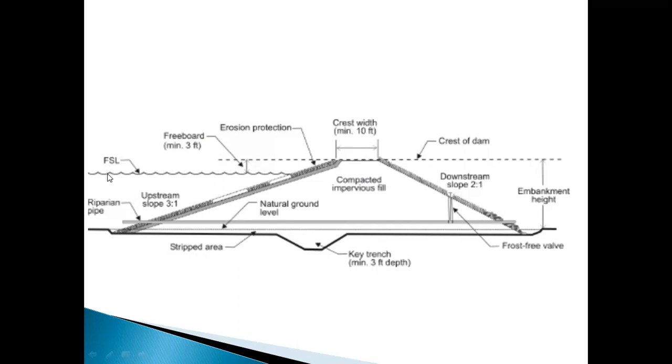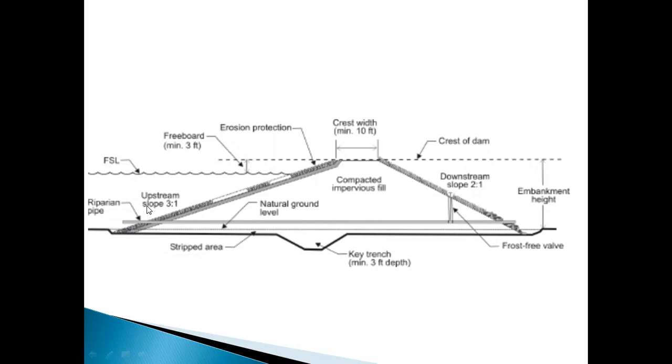And FSL, full reservoir level. So, this is the water storing level. After the water storing, we are leaving 3 feet space as a freeboard. This side is called the upstream side and this side is called the downstream side.